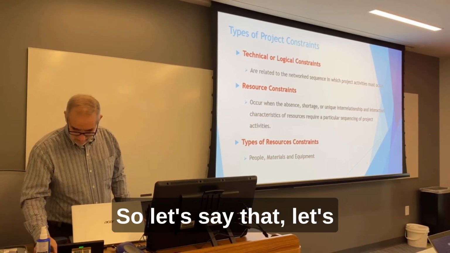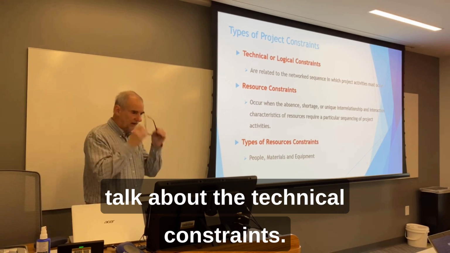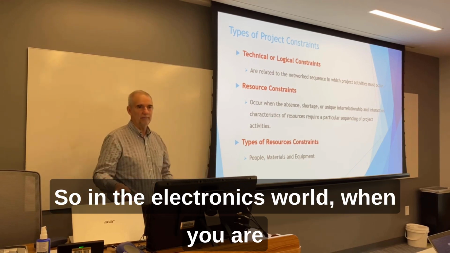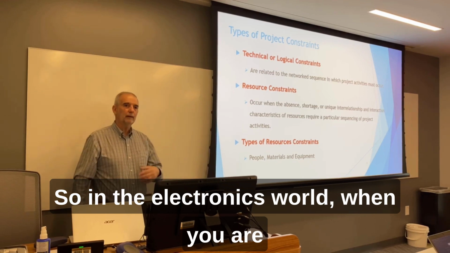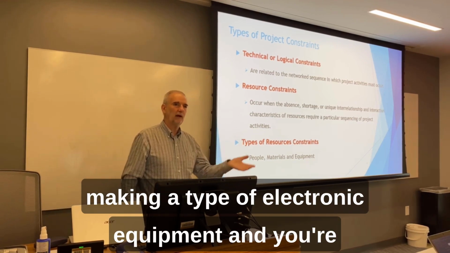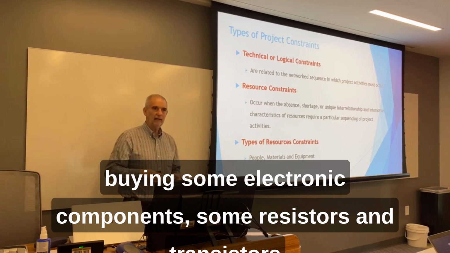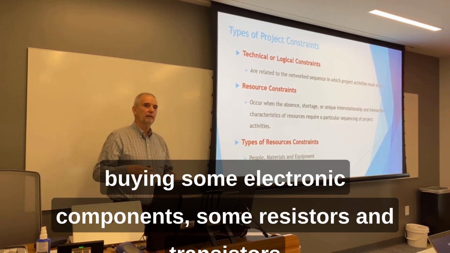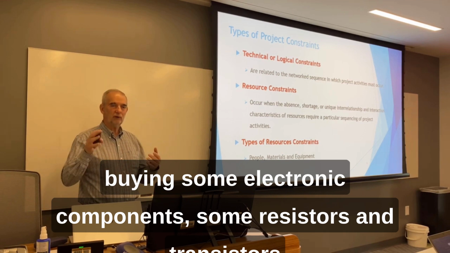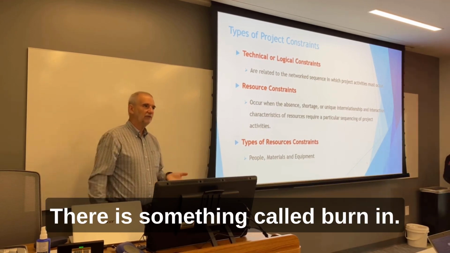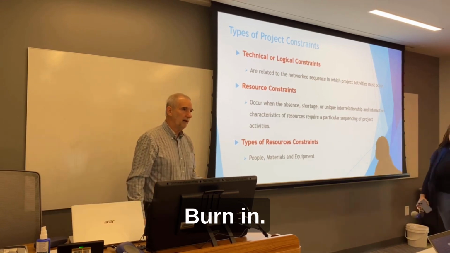So let's talk about a technical constraint. In the electronics world, when you are making a type of electronic equipment and you're buying some electronic components, some resistors and transistors and all of that stuff, there is something called burn-in.